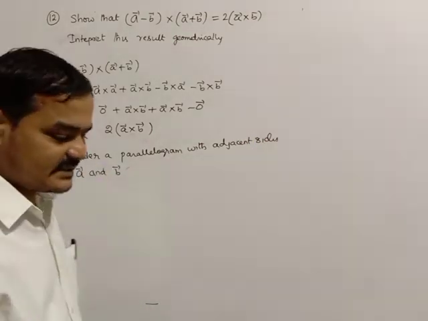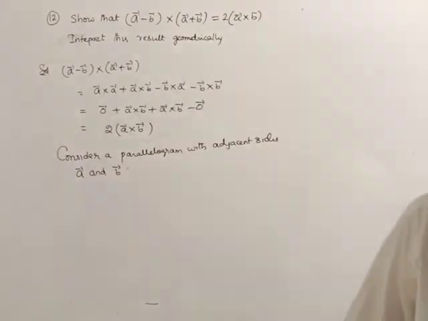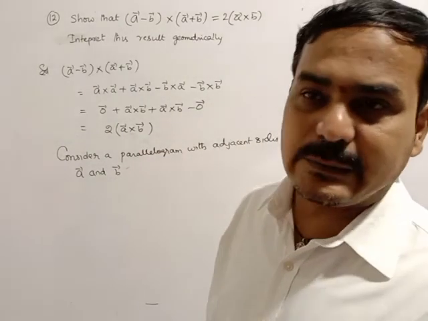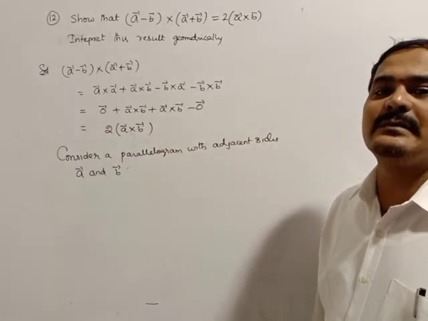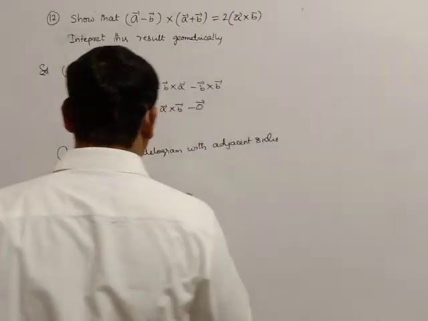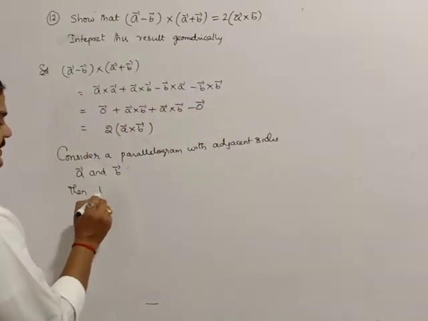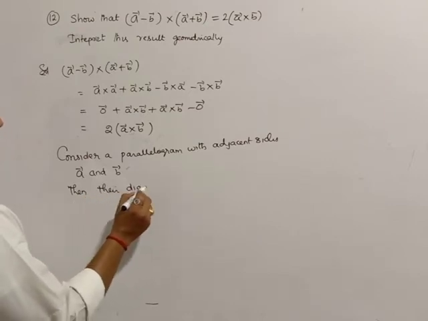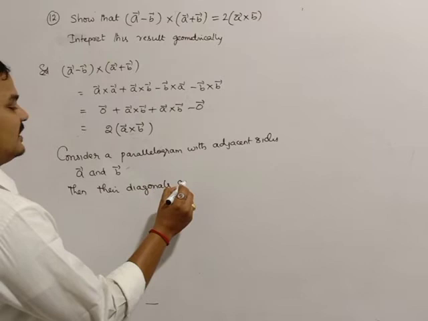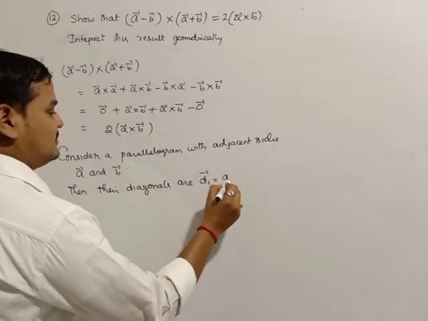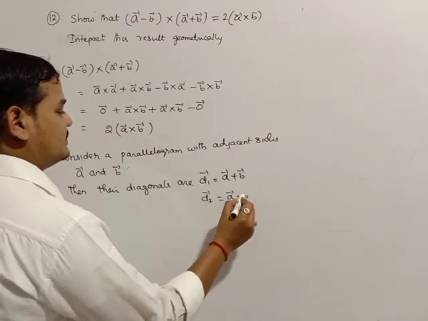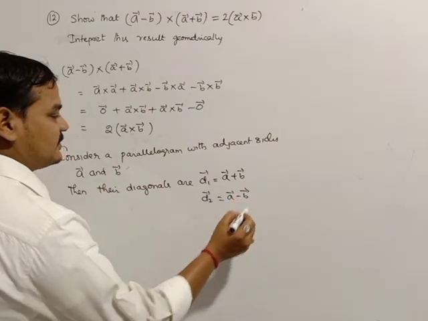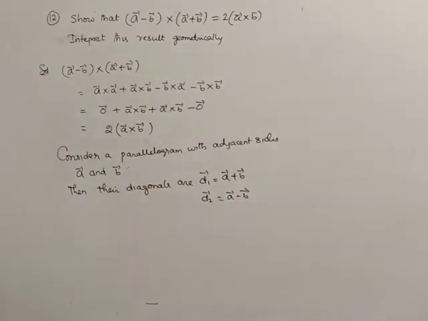If A bar and B bar are two adjacent sides of a parallelogram, then you know its diagonals are A bar plus B bar and A bar minus B bar. So the diagonals are D1 bar equal to A bar plus B bar and D2 bar equal to A bar minus B bar.